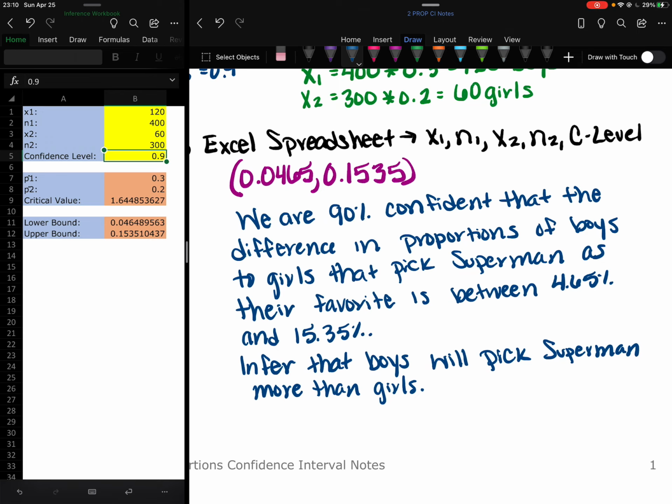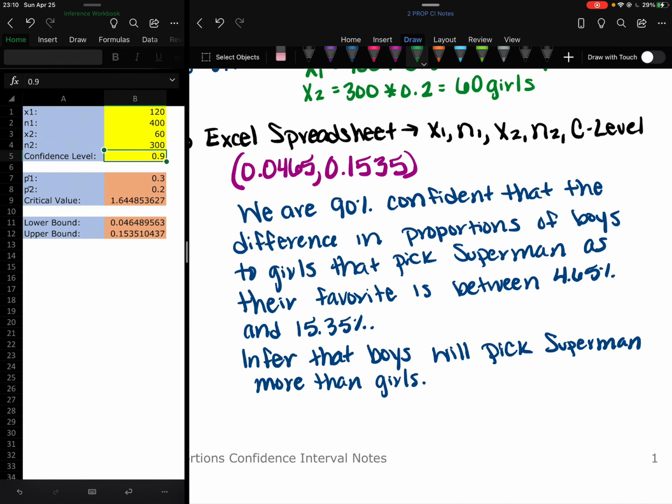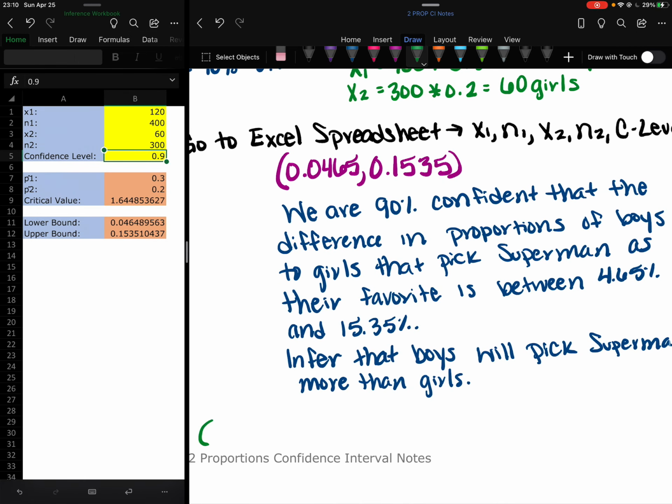If the first number was negative and the second number was positive, then that means that 0 is in the interval. We would have something like negative 0.0465, comma, something positive. One is negative, one is positive. 0 is in the interval.